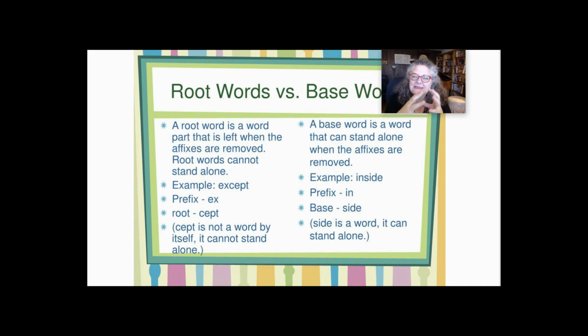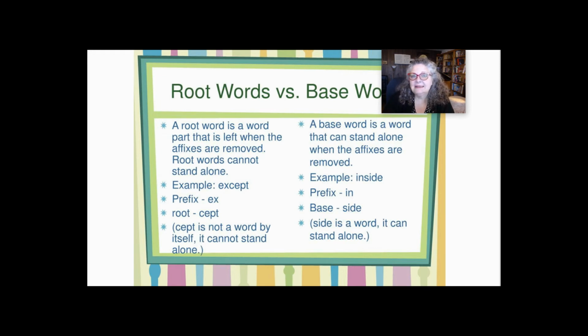It doesn't represent an idea by itself. So in the example, you have the word accept. Ac is the prefix. What's left over is cept, and it is a root, because by itself, when you take the prefix off, we just can't say cept and have people understand it. It's not a word in our working language.